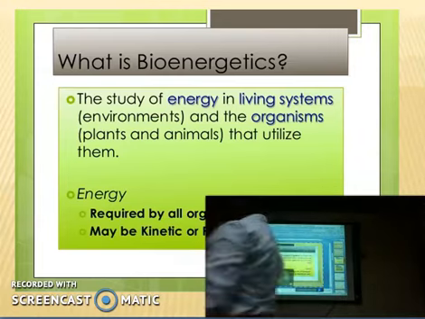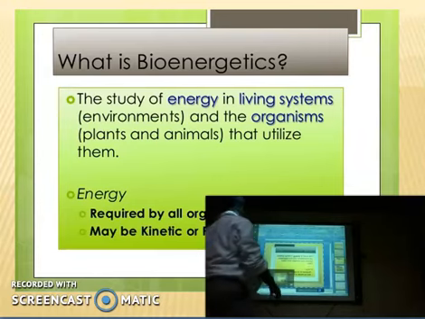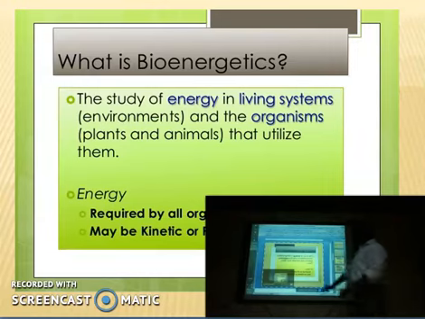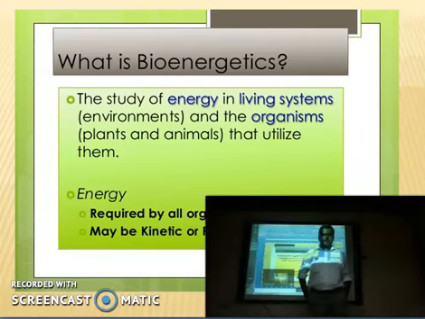What is bioenergetics? As I said, bioenergetics is the study of living organisms and systems, or the study of energy in living systems and the organisms, for example plants and animals, that utilize them.